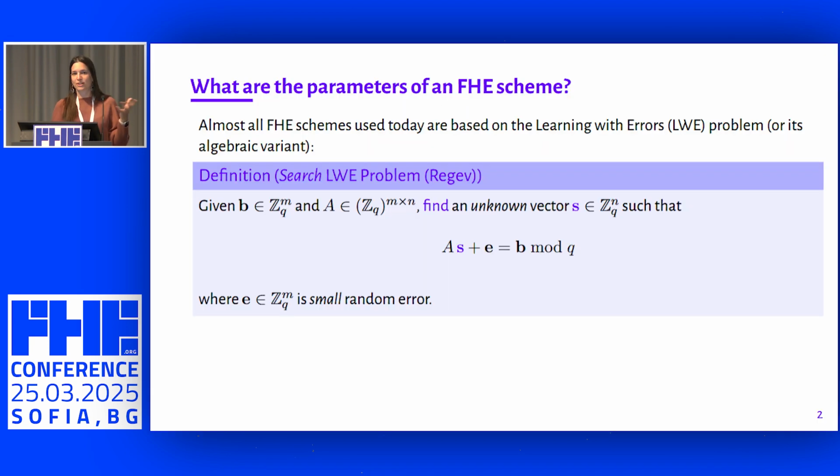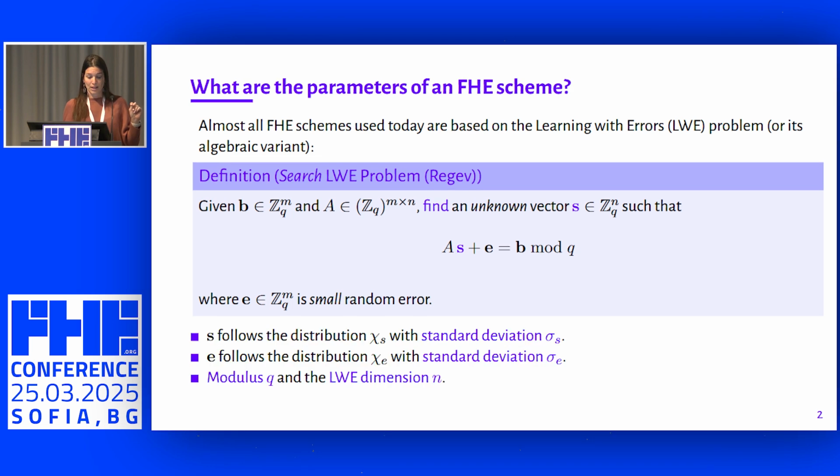All the FHE schemes that we are using right now are based on the learning with errors problem or some algebraic variant. I just want to recall the search version of this problem very quickly. We have a system of integer equations perturbed by a small noise E, and what we want is to find a secret vector S in Z_q^n.